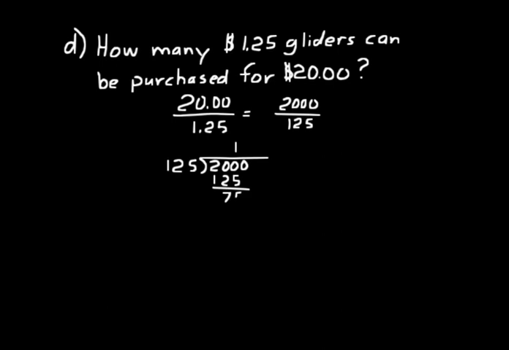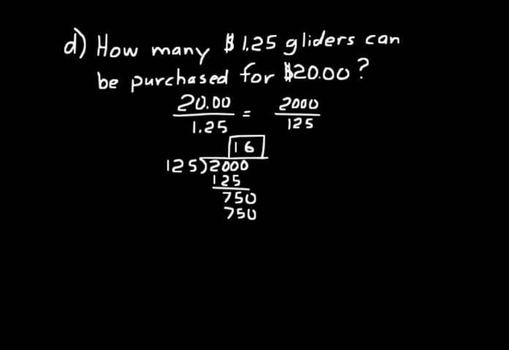And we're left with 75. Bring down a 0. 125 goes into 750 exactly 6 times. And so that's our answer right there. There are 16 $1.25s in $20, or 16 $1.25 gliders can be purchased for $20.